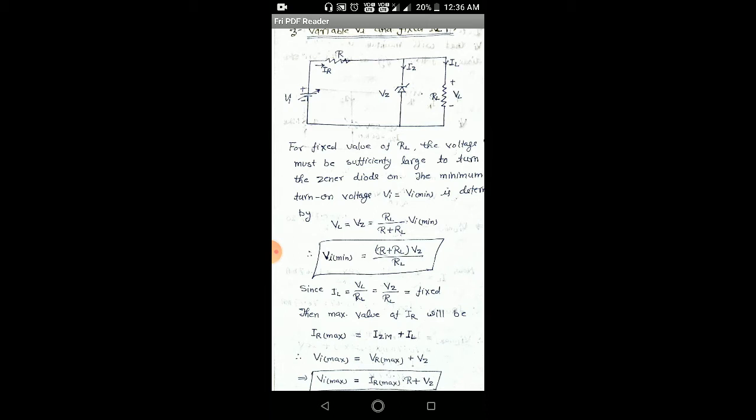So IL equals VL upon RL, that is Vz upon RL, which is fixed. Then the maximum value of IR is IR maximum equal to IZM plus IL, the maximum current through the Zener diode plus IL, because IL is fixed.